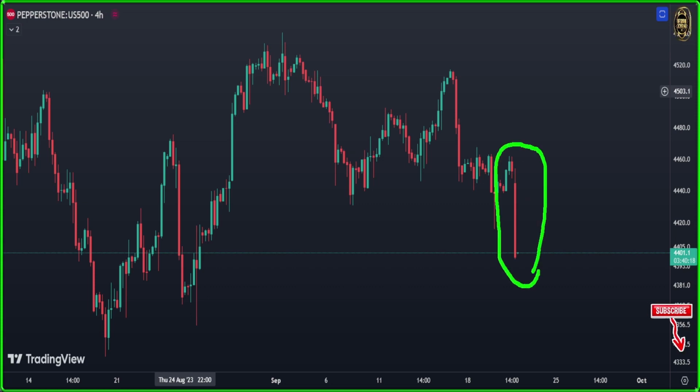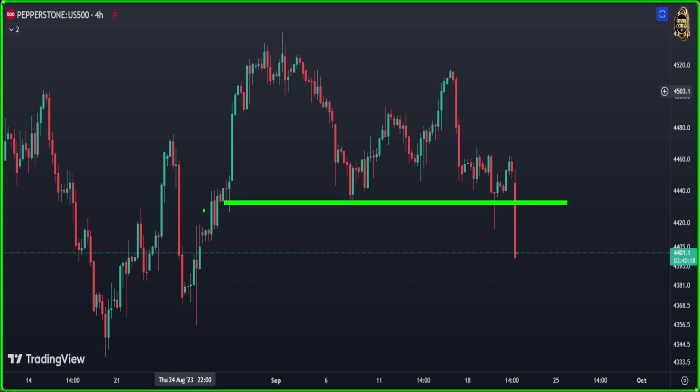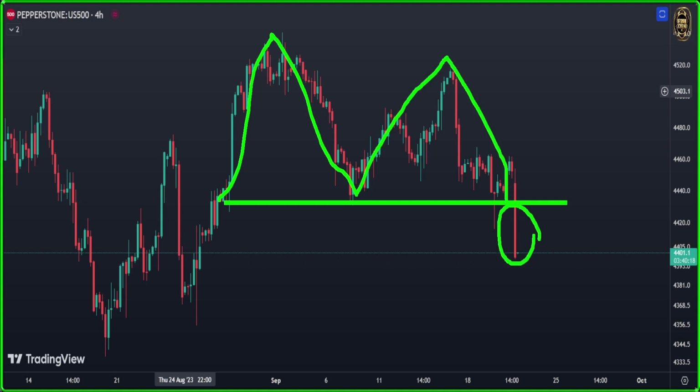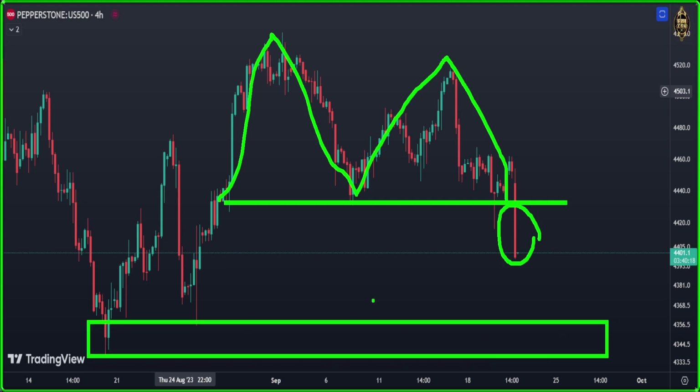As you see, the market is down too much today. Remember the double top we made in the last video thumbnail? It's getting broken here. What is it telling you? It's telling you the SP 500 is going to fall down till down here, from that low and the peak of that candle.